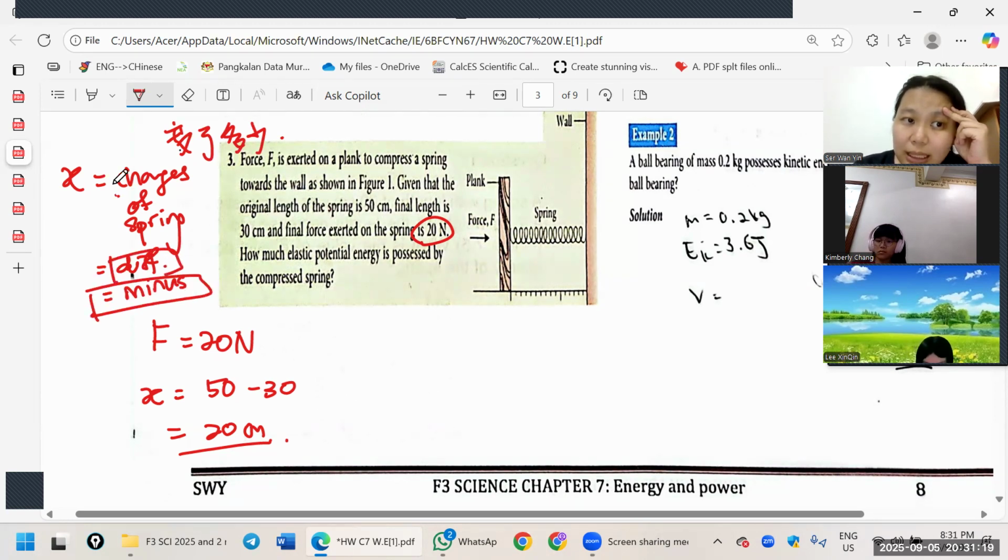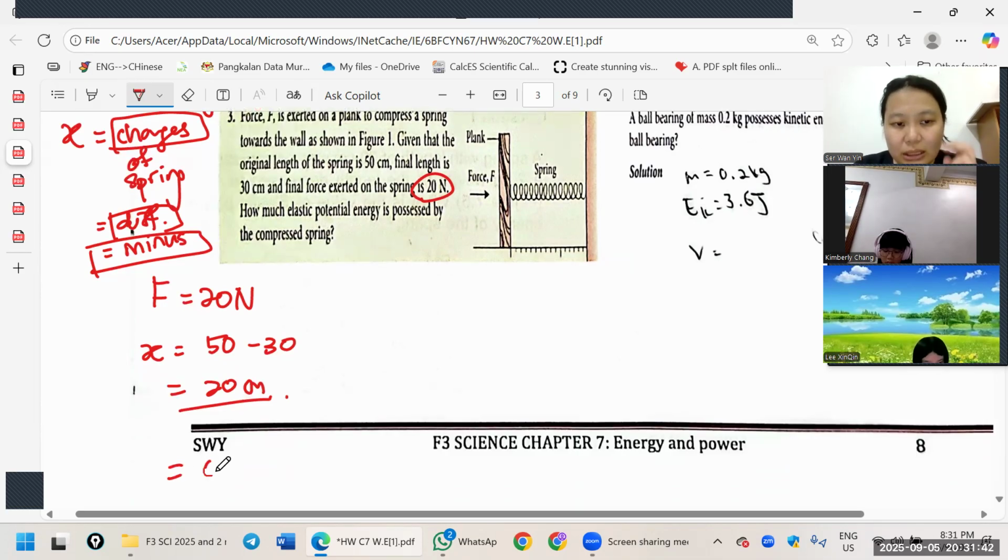So 你记得还有那个 Kimberly, when you all go from 4, from 5, we always use back the term. Changes means minus. Difference also minus. Then remember change to 0.2 meter.